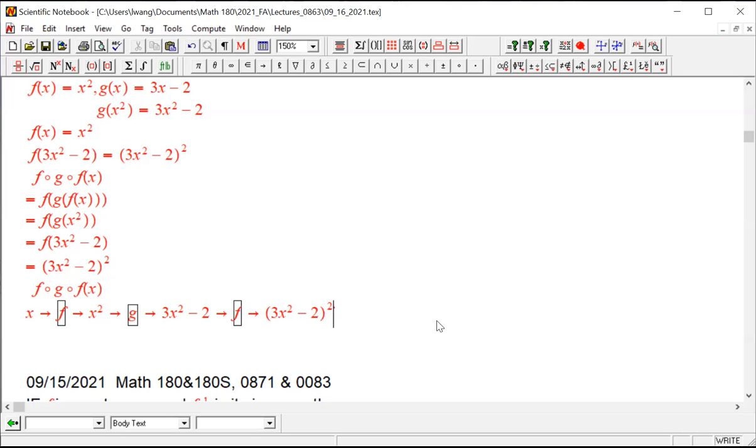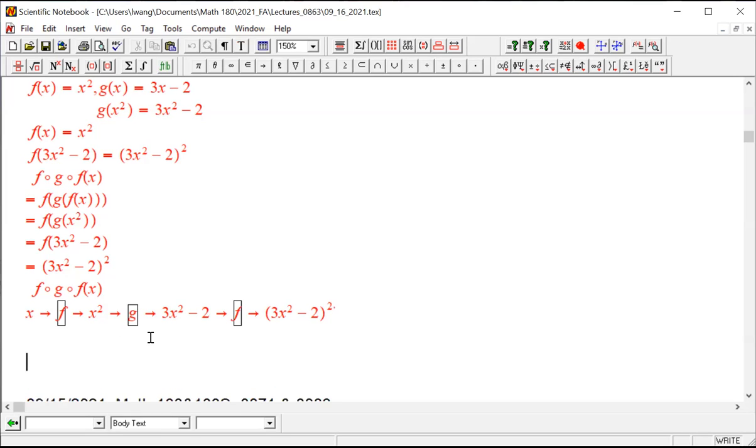Can we do one more where it's a little bit different, like we change around the letters? Sure. So how would you like to change it? Let's do g composite f. Sure.